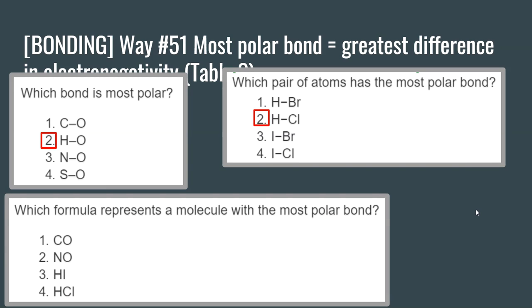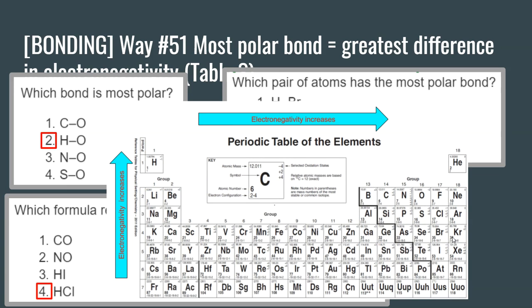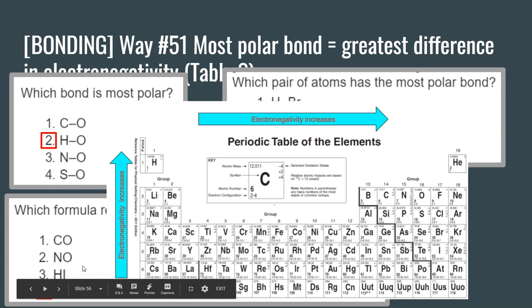Next problem. Which formula represents a molecule with the most polar bond? Looking at the electronegativity values for each one of these elements will reveal that the greatest difference results in choice 4. Alternatively, you can note that here is Cl and here is H. Notice the distance between H and Cl compared to C and O and N and O. So it makes sense that 2 and 1 should have a lower electronegativity difference compared to choices 3 and 4.